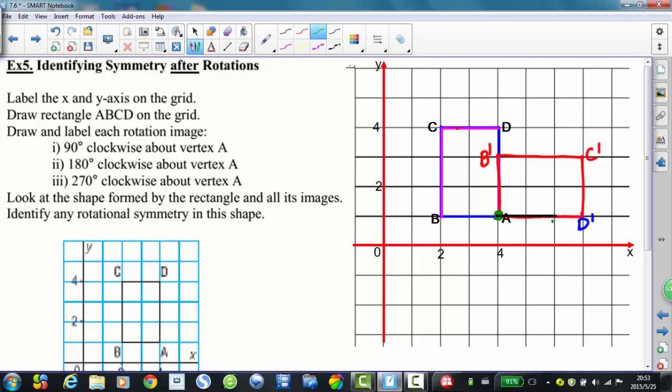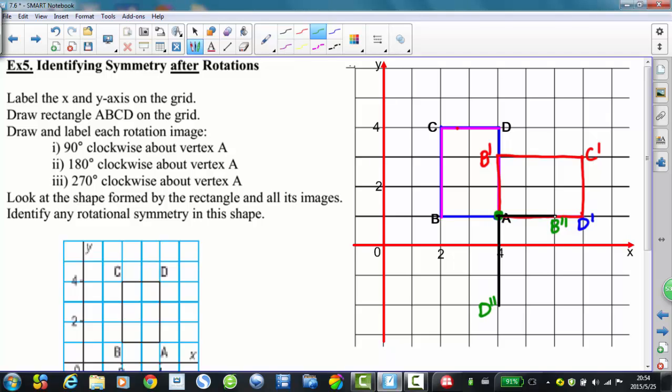So I will mark this one as B double prime. So AB double prime corresponds to AB. Then I will rotate this AD 180 degrees clockwise. So clockwise 90 degrees, 180 degrees. So I will mark this point as D double prime.